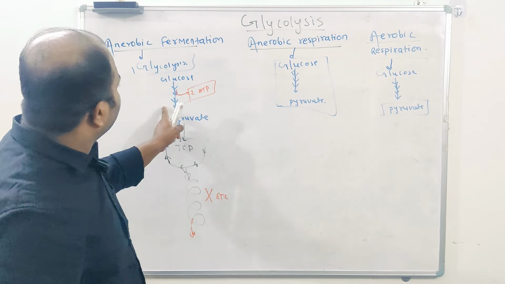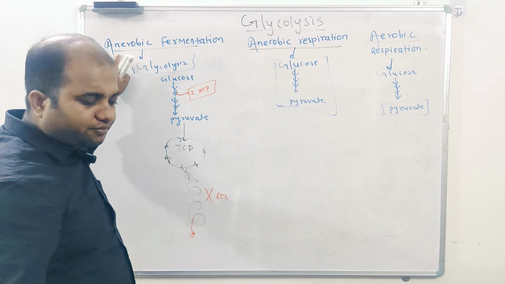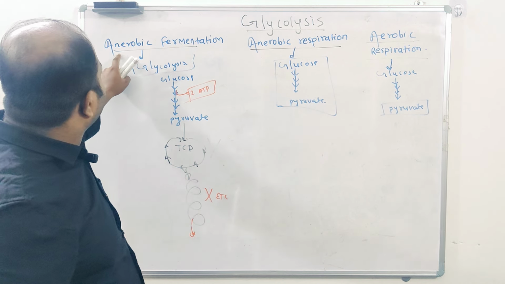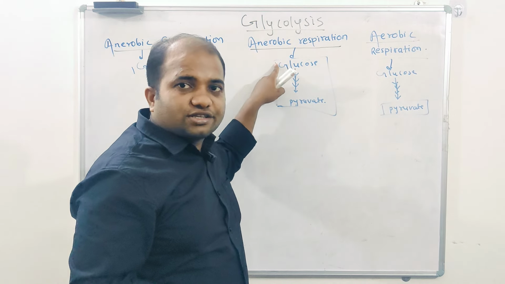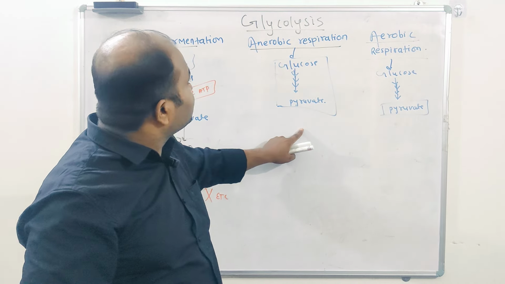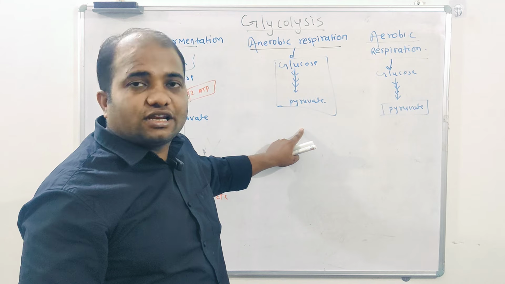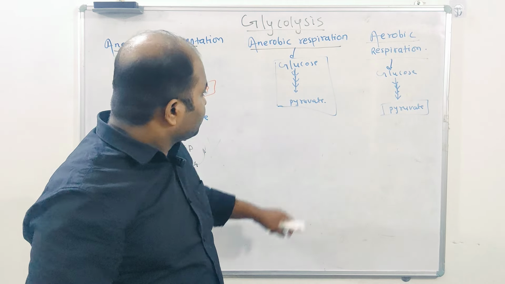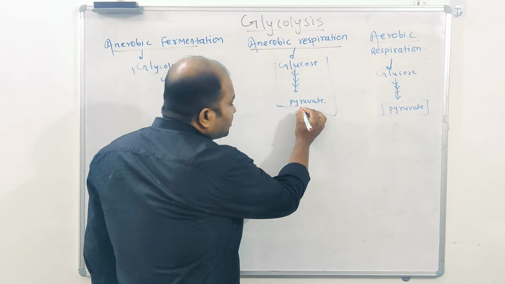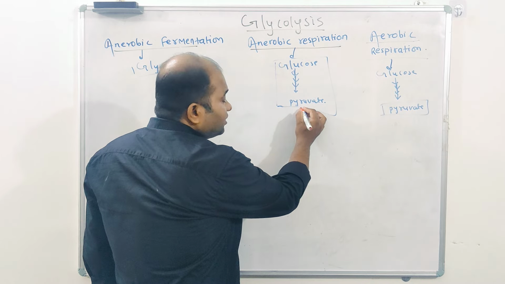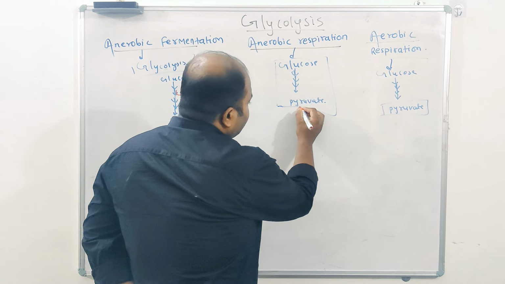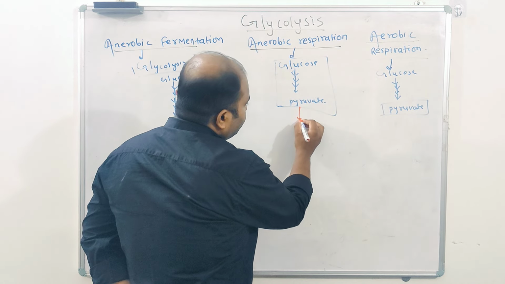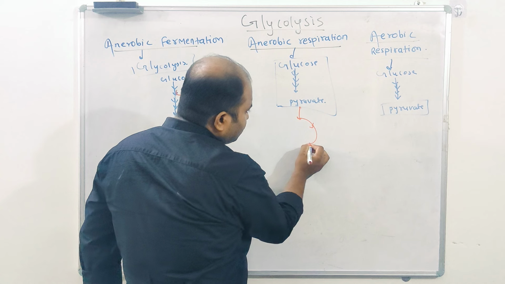So during evolution, the metabolic pathway developed from anaerobic fermentation to anaerobic respiration. So let's discuss now what anaerobic respiration is. Now, the pyruvate, in the presence of mitochondria, will run into the TCA cycle, the Krebs cycle, right?